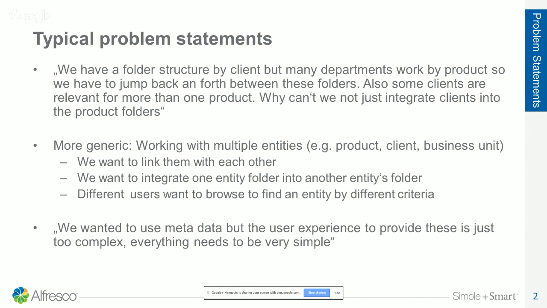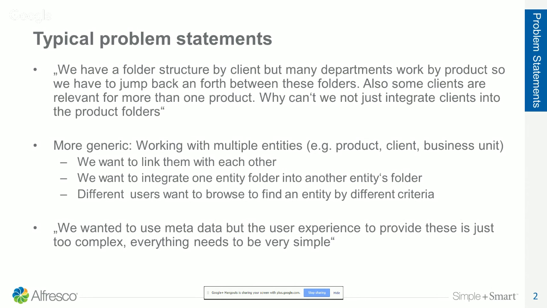So you have to jump back and forth between the products and the clients. And also some clients are relevant to more than one product, some are specific to multiple products. Why can't you just integrate the client folders into the product folders? I guess this is quite a typical problem you all have come across.